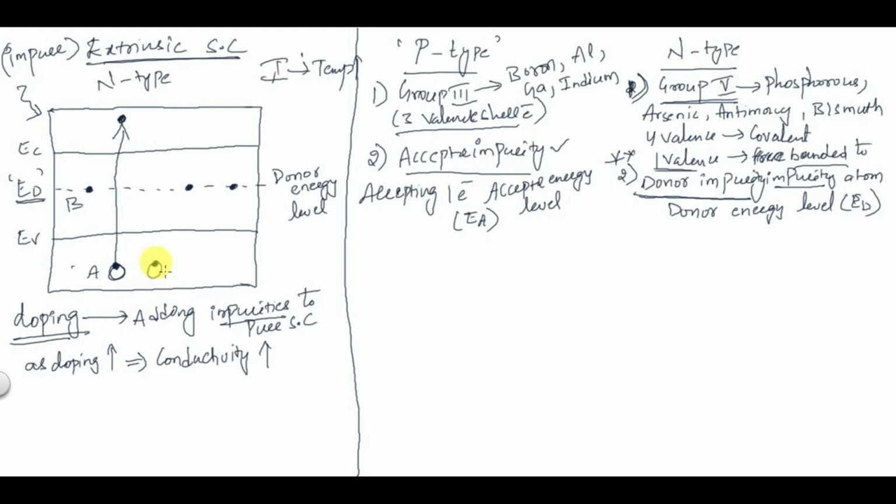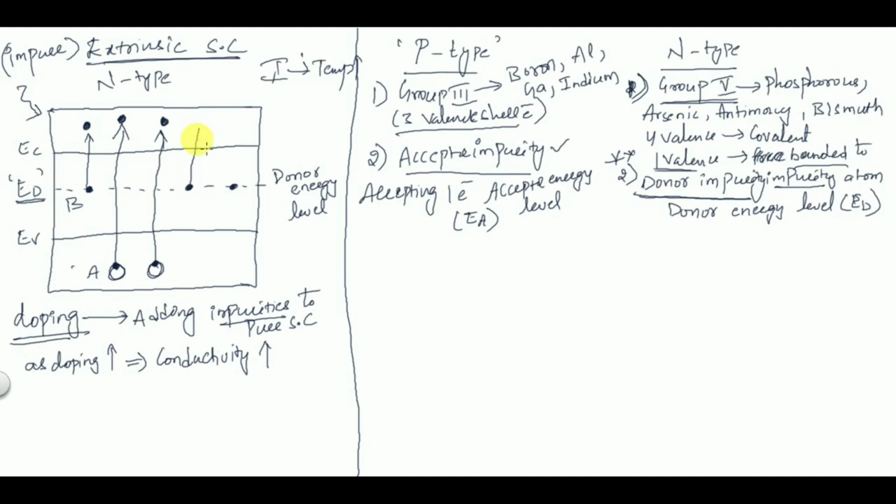Similarly, this electron also will jump from the valence band to the conduction band, right? Due to this external energy, the fifth electron also will jump from the donor energy level to the conduction band.